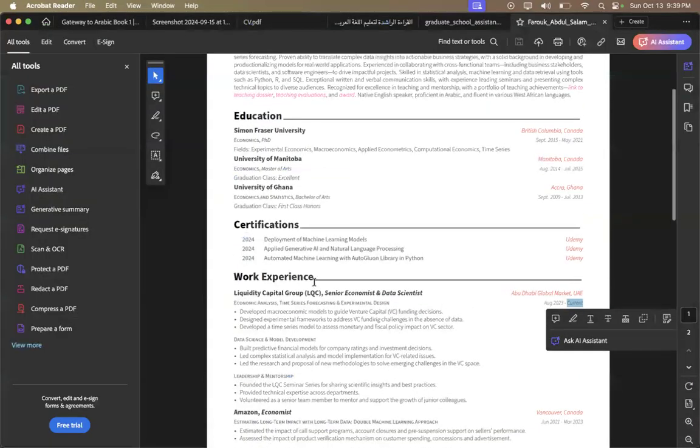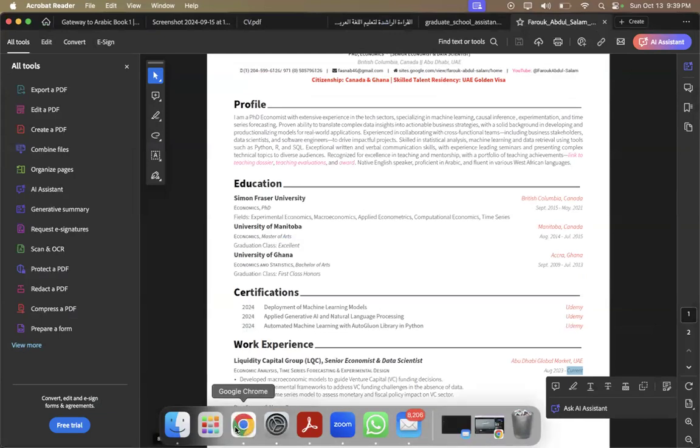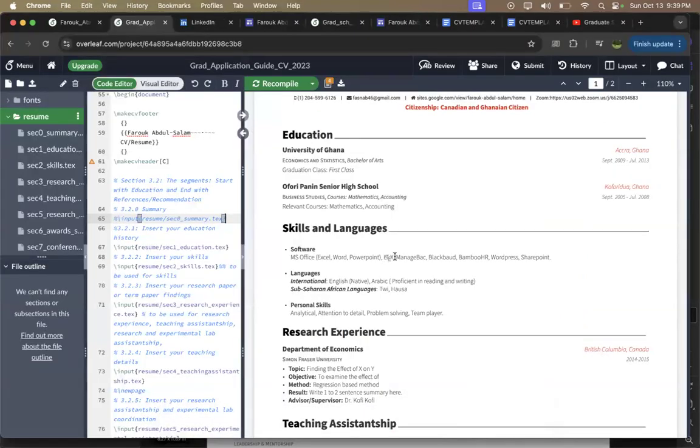So if you come to my CV, you wouldn't see something related to my high school. But the reason why you guys will have something related to your high school is you completed your first degree, I mean 4 years ago, right? Or just now, and your high school will still be relevant. It's not 10 years ago. Your high school will be barely 4 or 5 years ago, right?